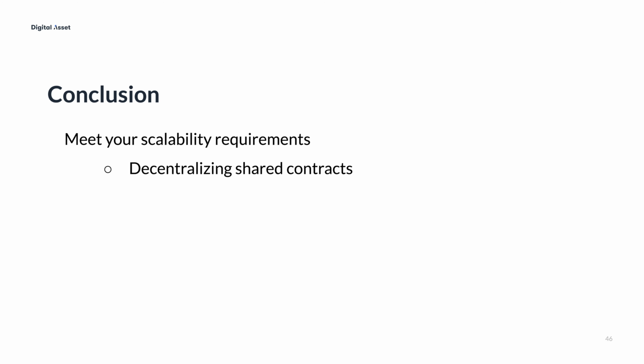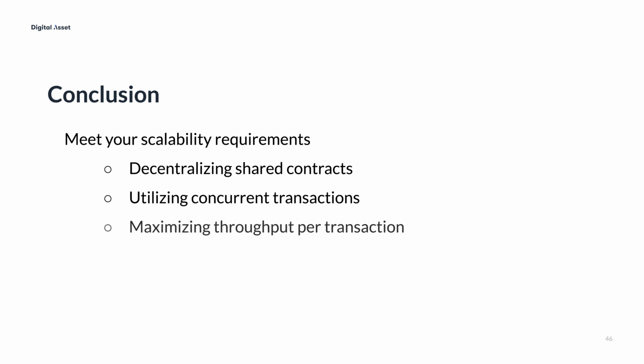But only if you decentralize the shared contracts in critical workflows so they admit concurrent transactions. And then maximize the throughput per Daml transaction using batching to take full advantage of that concurrency. Then, test the scalability of your designs early and often.